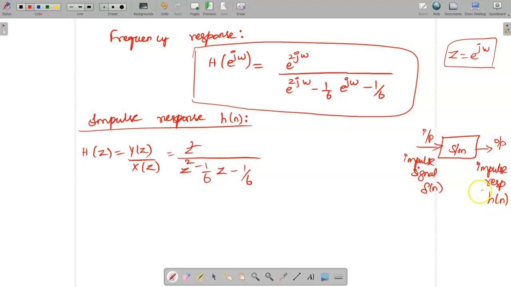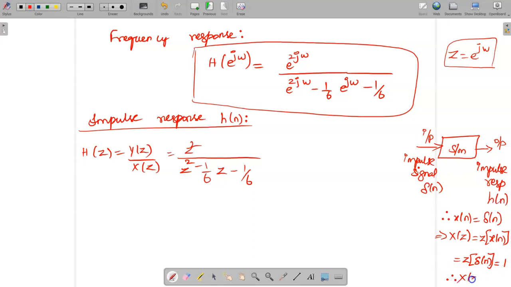So what do you mean by that? In order to find out the impulse response, I have to consider the input as the impulse signal. Therefore x of n we consider as del of n, which implies that wherever we have X of z, we have to find the z transform of x of n, that is the z transform of del of n. What is the z transform of del of n? It is 1.